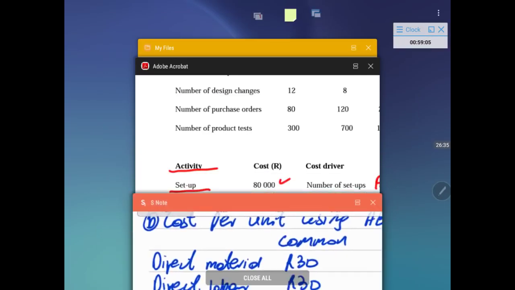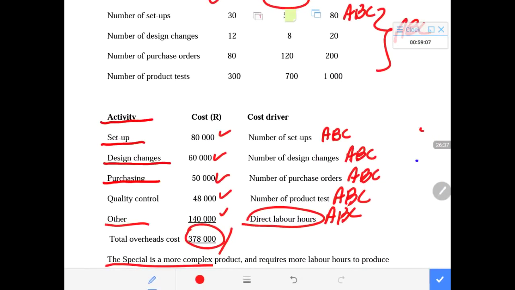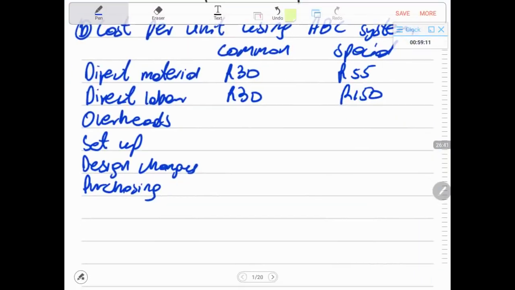Then another activity, quality control. The last one is other overheads. So these are the overheads, or the activities that are driving the overheads.